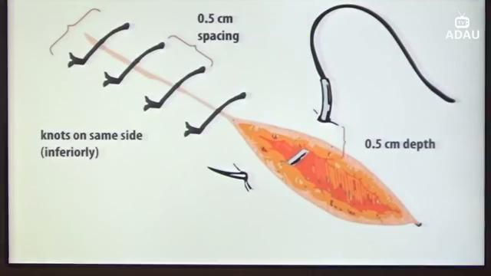Here we can see very well the depth, 0.5 centimeter depth of needle injection, and between each stitch there should be 0.5 centimeter spacing. About knots on the same side, left or right, we should know the general rule about these knots: they should be on the same side of the wound and on the same side as the needle injection.